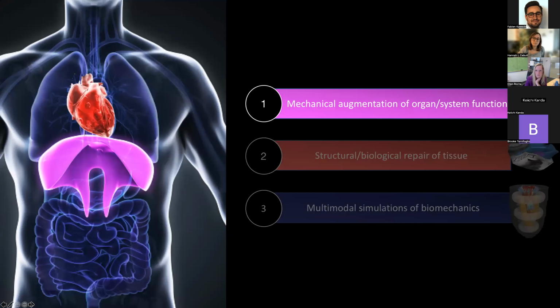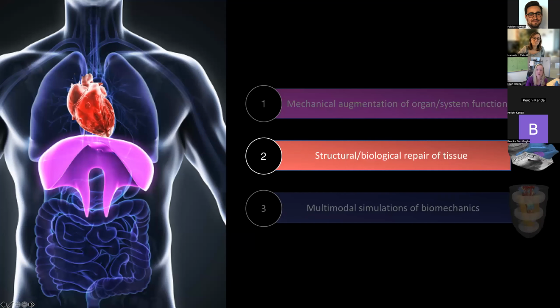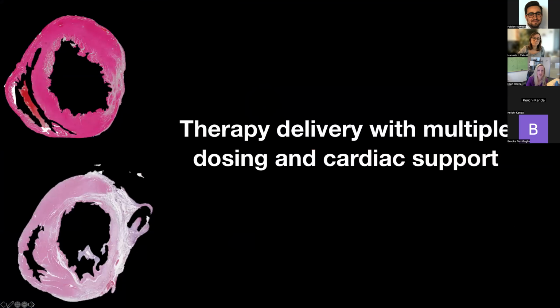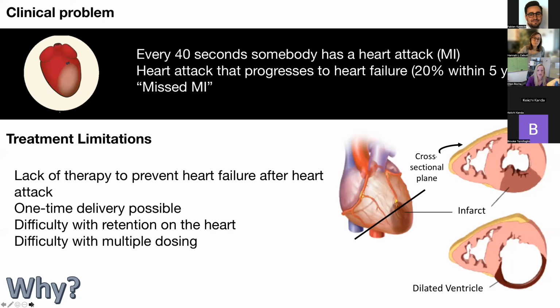Okay, so I mentioned I won't spend too long on the first research strand today. Some of it is previous work that I did, and others is focusing more on the respiratory system. So I'm going to focus on the second and third aim. Starting with structural or biological repair of tissue, I'm going to start by describing a device that we developed to deliver therapy to the epicardial surface with multiple dosing and to simultaneously provide cardiac support.